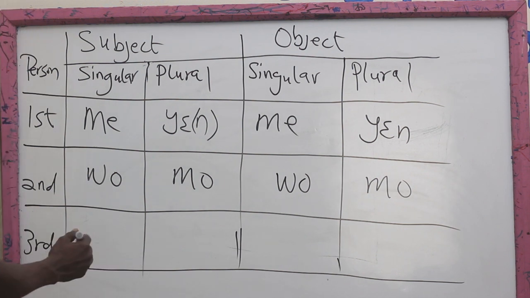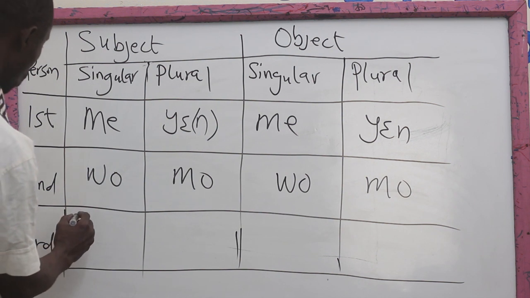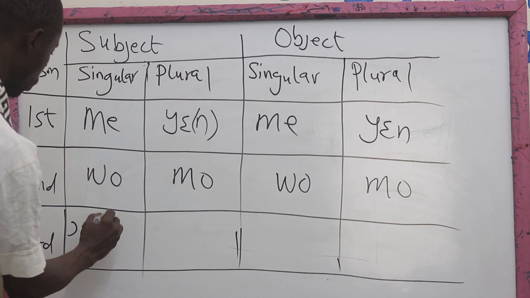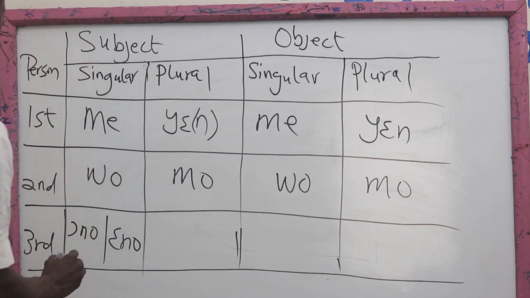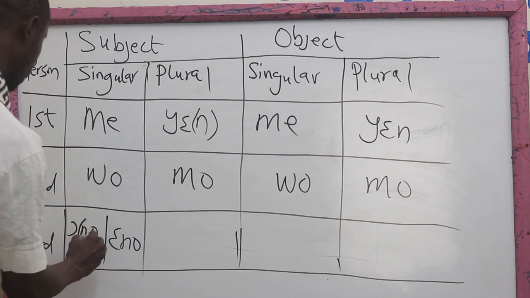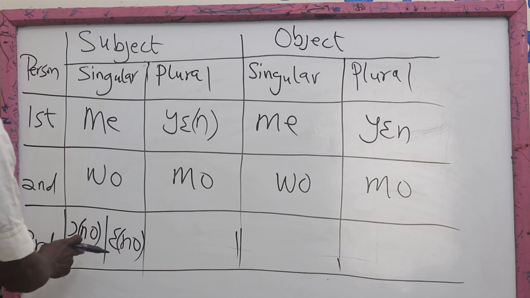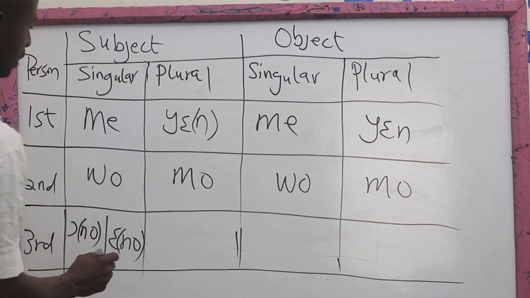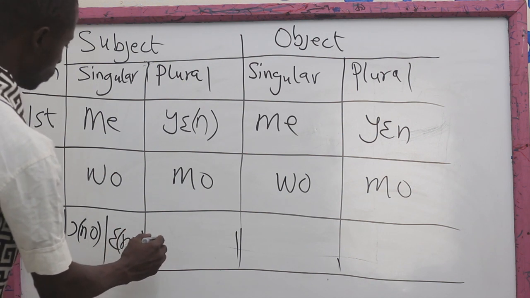And with the third person, we have ono or eno. And with this one too, I'll place the no in parentheses, because usually the no is deleted. And the plural is one.